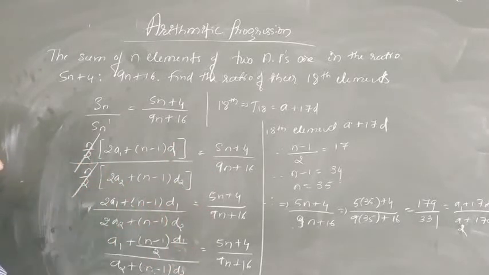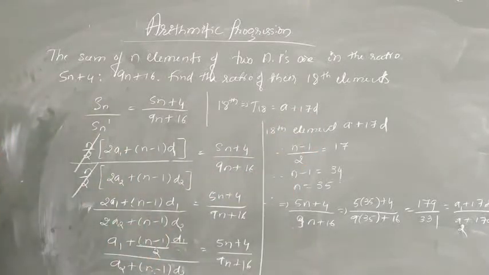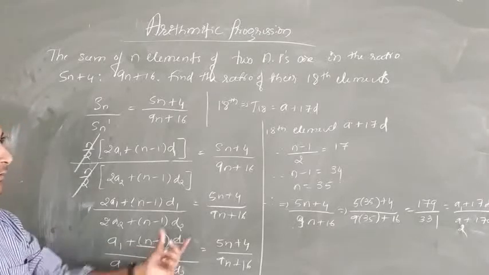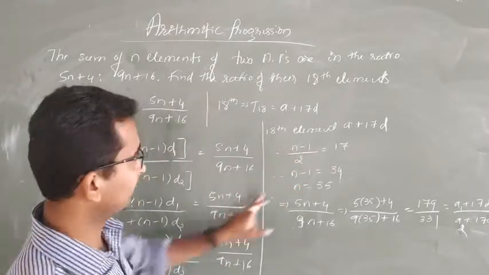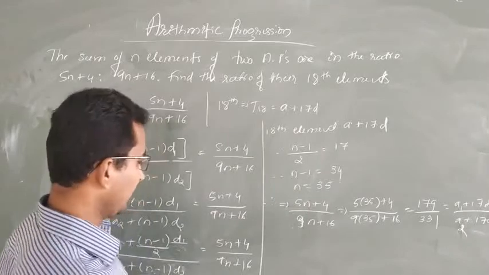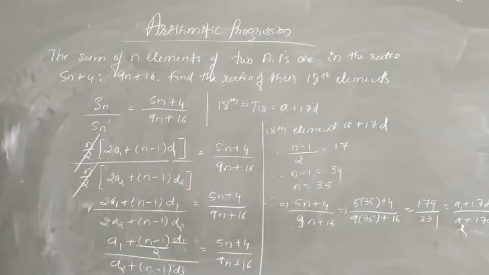I want the form a plus nd, so I divided the numerator as well as the denominator by 2. Then I compare with the 18th element, that is (n minus 1) divided by 2 is equal to 17. Then I get the value of n and substitute here to get the ratio of the 18th elements.